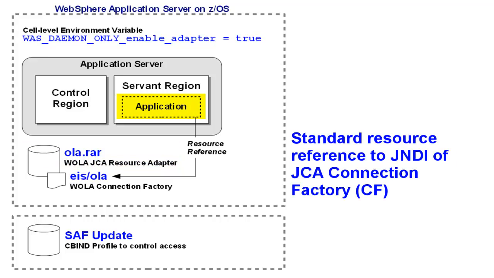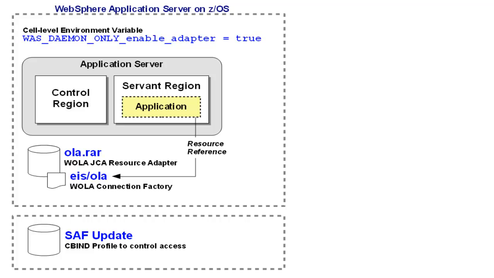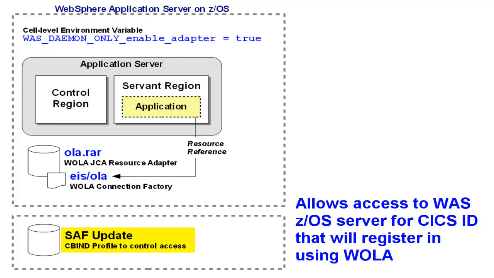The application in WAS is going to connect to the connection factory that's defined under ola.rar. And then down in the security profiles, there's a single cbind profile that is created that is what controls access to the WebSphere z/OS server using WOLA.